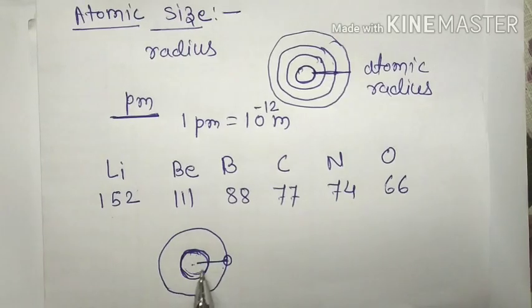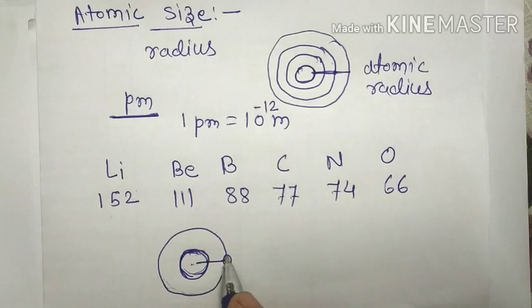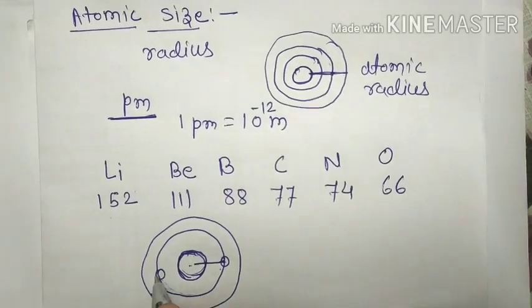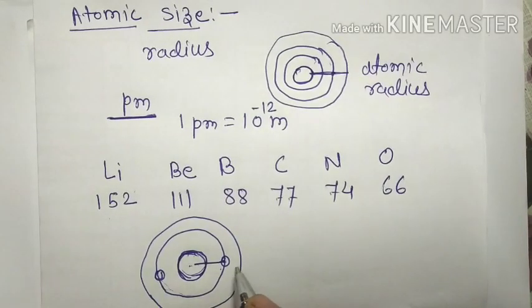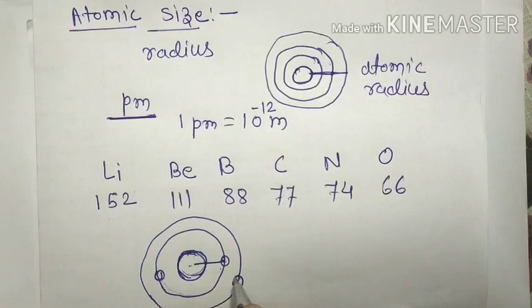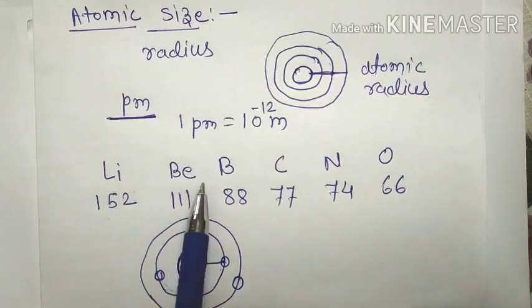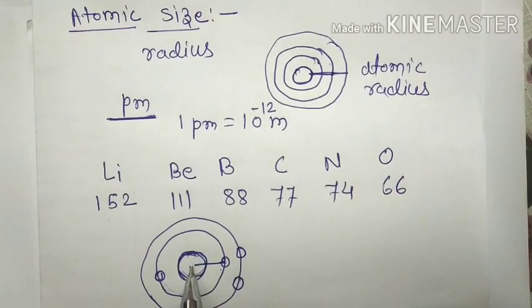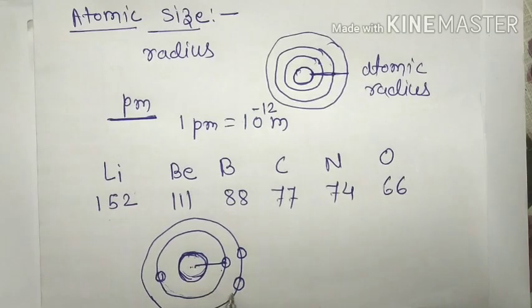See, this is the nucleus and this is the shell. Suppose in case of lithium, 2 electrons are there in the first shell and 1 electron in the last shell. As we move from lithium to beryllium, 1 electron is added, means there is an addition of 1 unit positive charge in the nucleus, and at the same time 1 electron is added in the same shell.